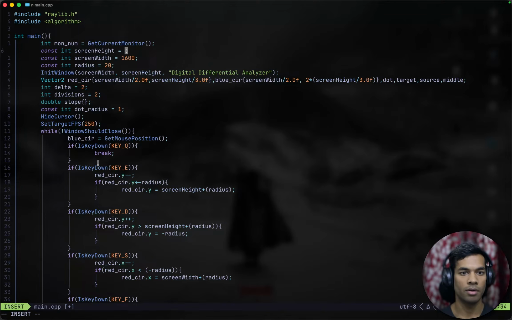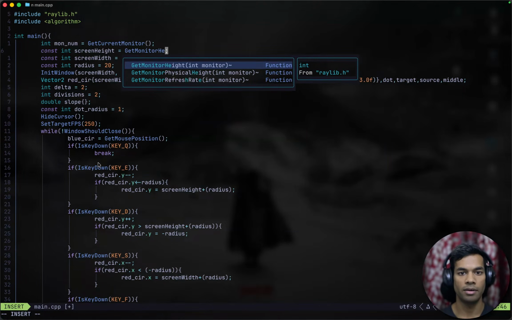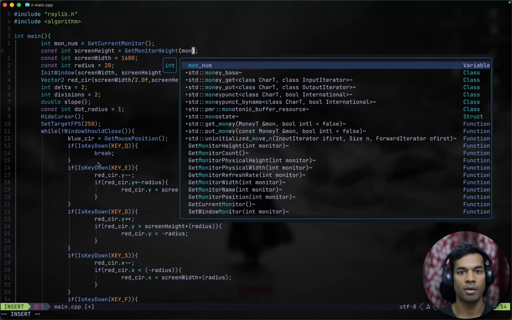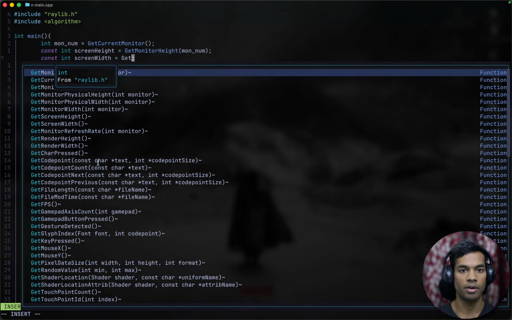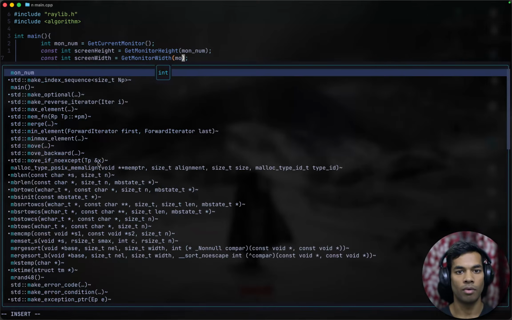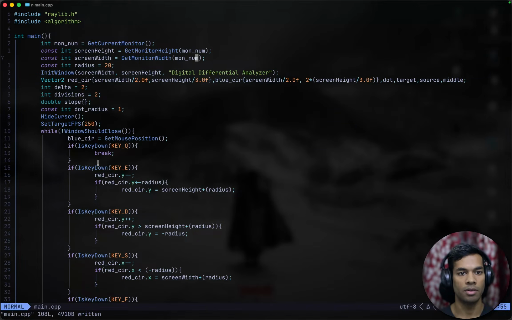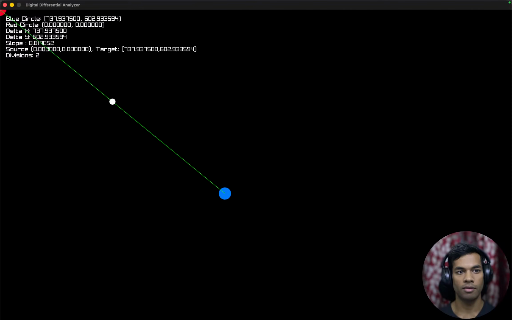And this would be get monitor height for monitor number this. Even though I only have one monitor, get monitor width for monitor number this. Let's see. And that is full screen.